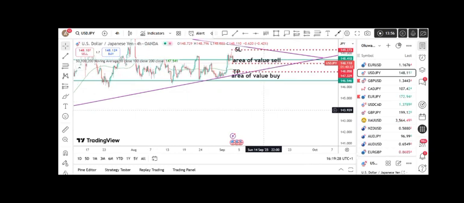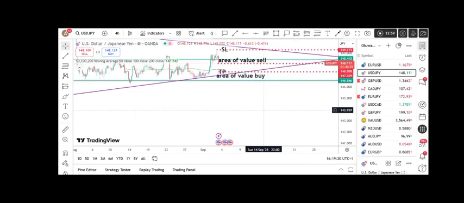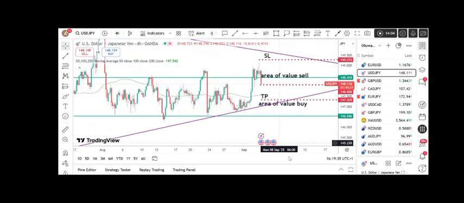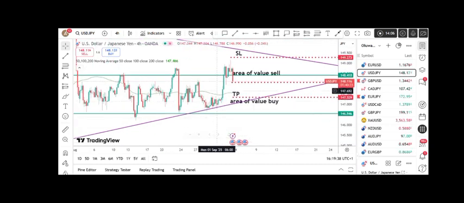So you can see the movement from that particular area. You can see that the current market price is moving towards our entry. If this particular trade closes, we'll wait for confirmation that the price is able to break this particular red line and move back towards this direction.